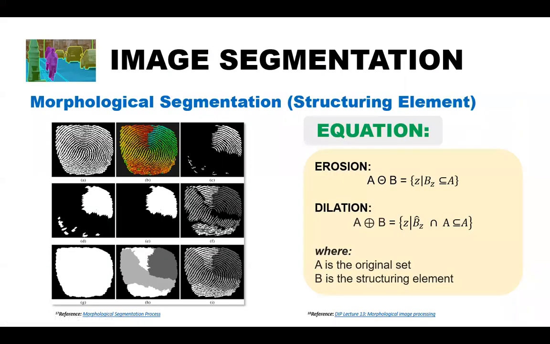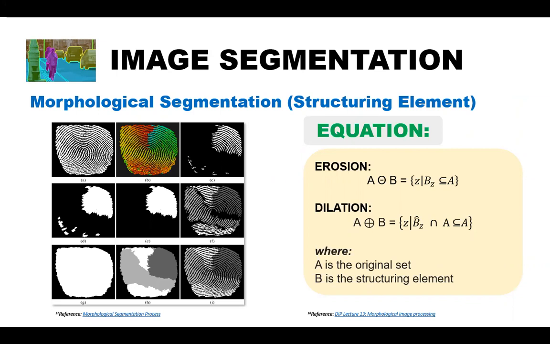Now, we have the mathematical morphology or the morphological segmentation. It's also known as the structuring element. A structuring element is a shape used to probe or interact with a given image, with the purpose of drawing conclusions on how this shape fits or misses the shape in the image.